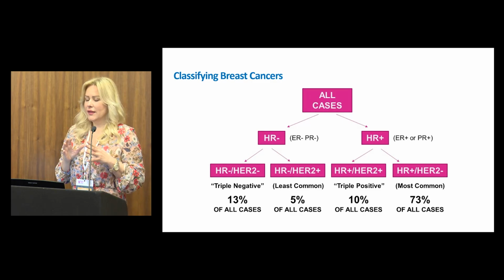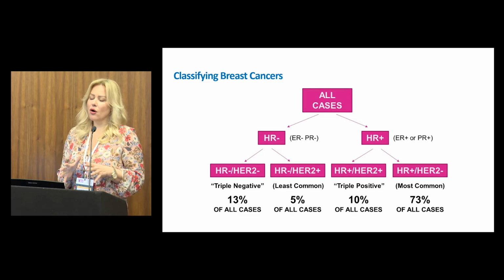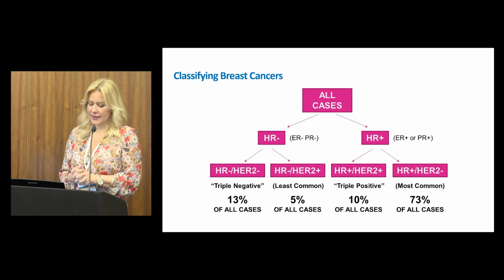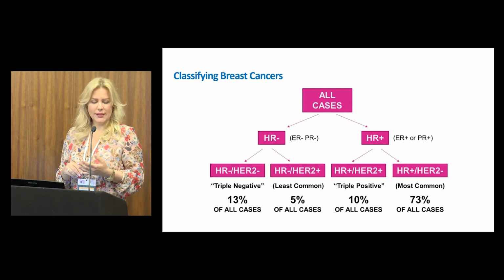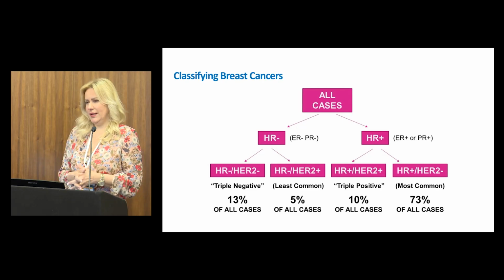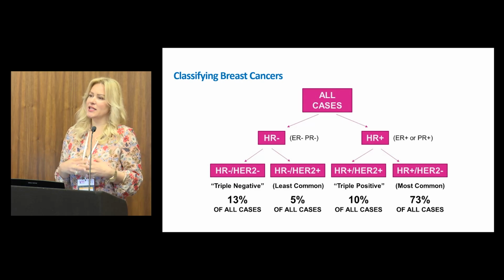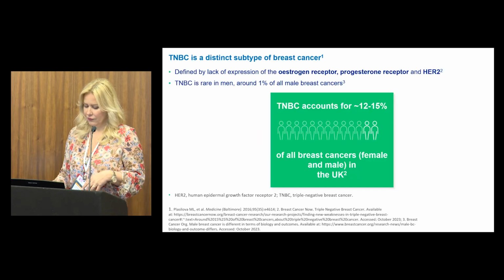Then we have the HR negative, HER2 positive, which is the least common, about 5% of all cases. The triple positive, which means estrogen receptor, progesterone receptor, and HER2 positive, is 10% of cases. And of course, the majority of breast cancers, about 73 to 75%, are the ones that express the estrogen receptor and are HER2 negative.